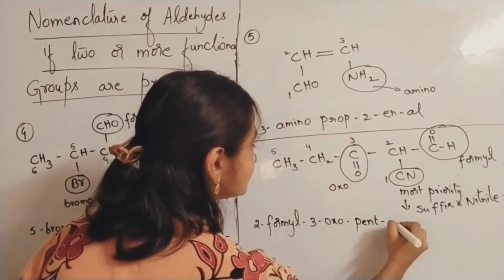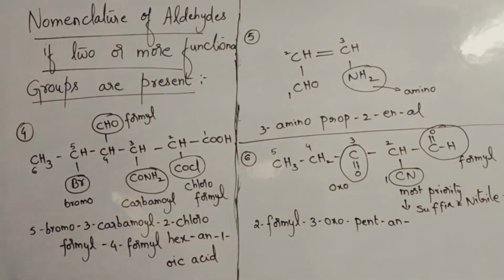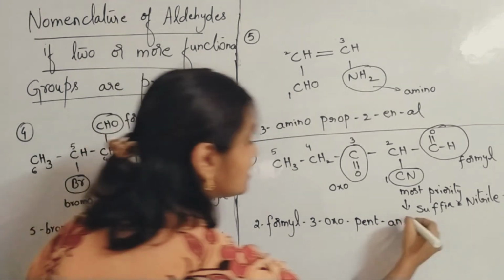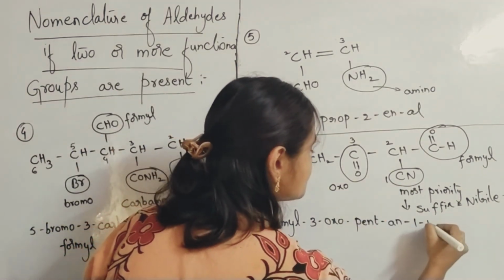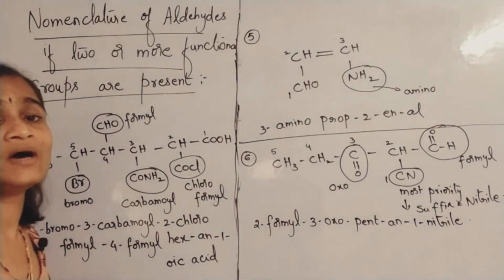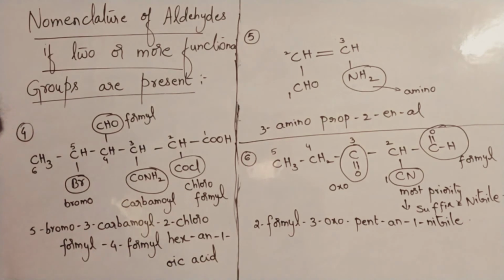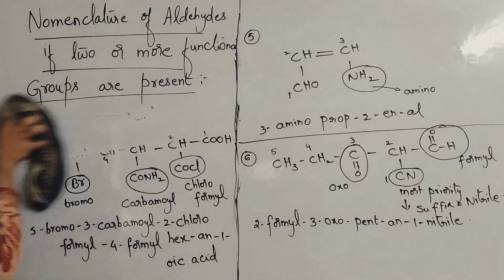Pent. All single bonds are there, so pentane. Then CN is already there in the first position. So 2-formyl-3-oxopentane-1-nitrile is the name of that compound.